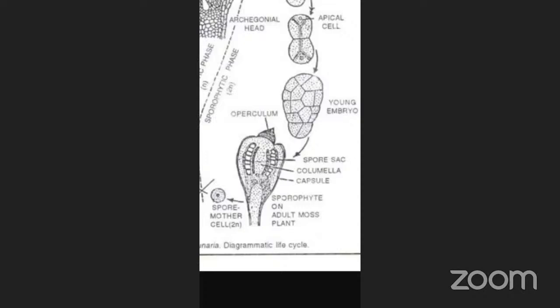Usually spores undergo some resting period. When the conditions are favorable, they germinate within a few days. The outer wall of the spore ruptures and the inner one produces the germ tube.